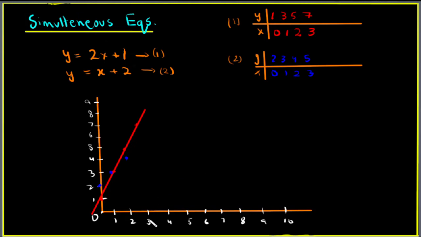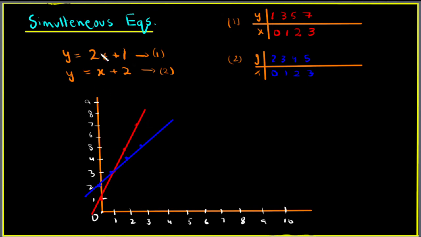When x is equal to 3, y is equal to 5. So as we can see, this blue line goes this way. Let me do it a bit more neatly. Yeah, something like this, right?